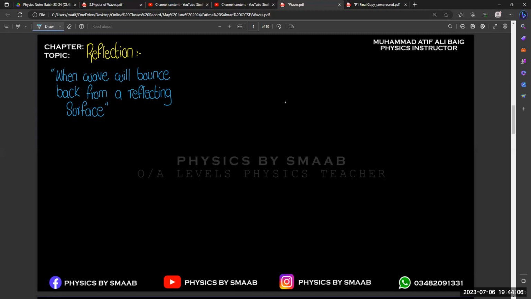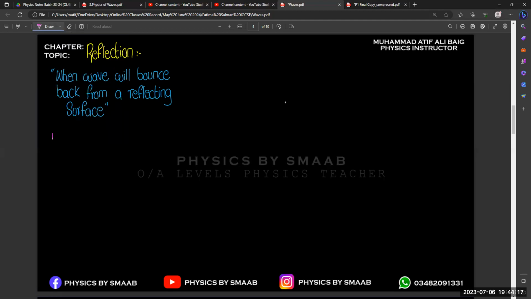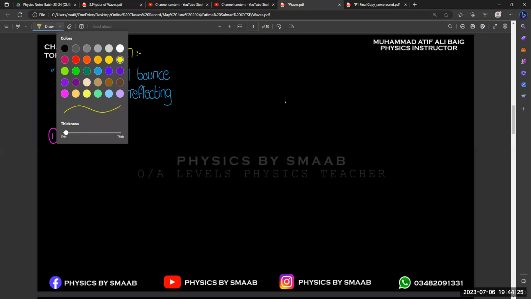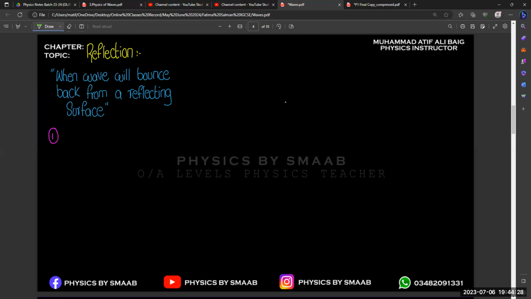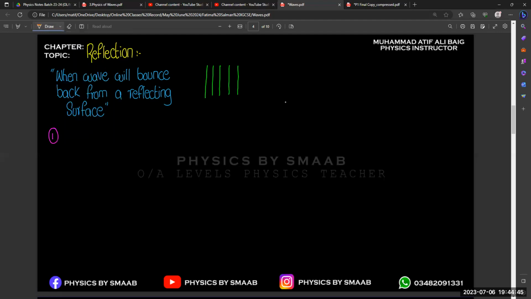Right. And the second important thing is that we need to know the basic postulates of reflection. What are the basic postulates of reflection? You need to know these two things. The first one: let's suppose there is a barrier, and suppose these are waves moving in a straight line, and there is a reflecting surface over here.